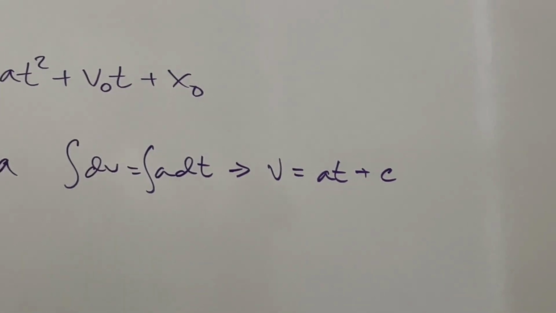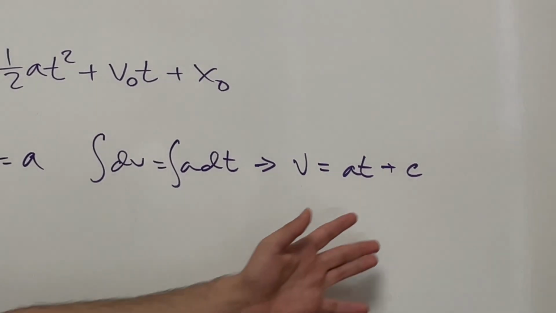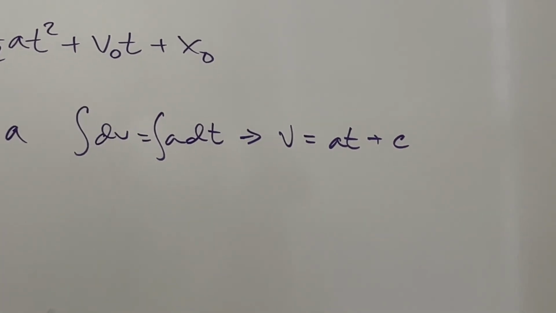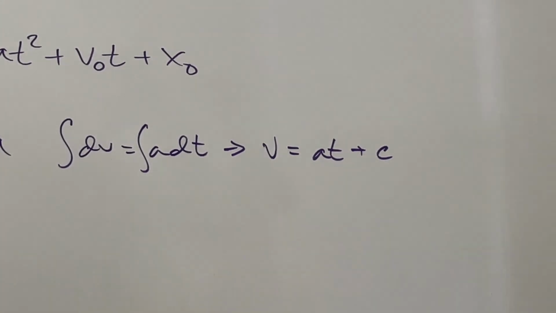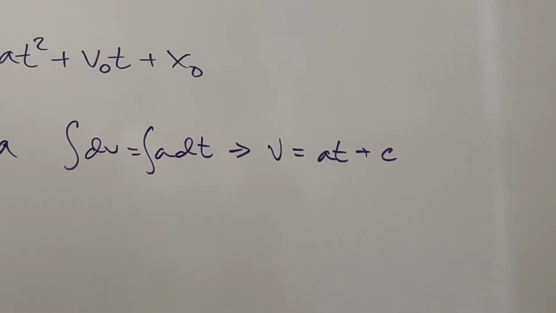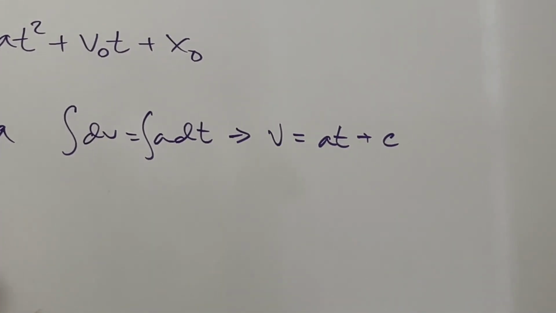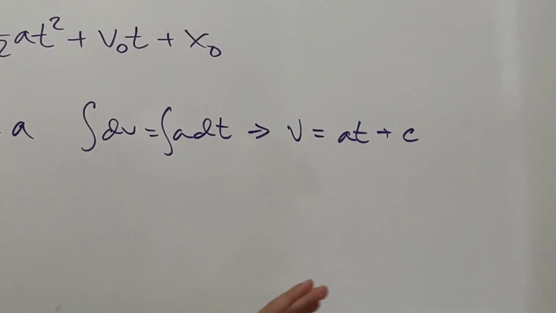Now, before we go any further, we should probably figure out what this constant represents. So let's think about this. If we say that t is equal to 0, then no acceleration has happened. Suppose we have an object going at some velocity, and it's going to accelerate over some time with constant acceleration to another velocity.